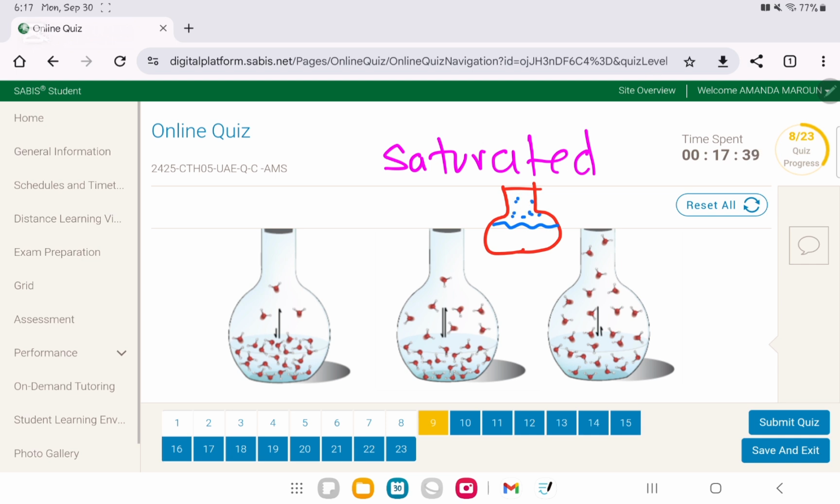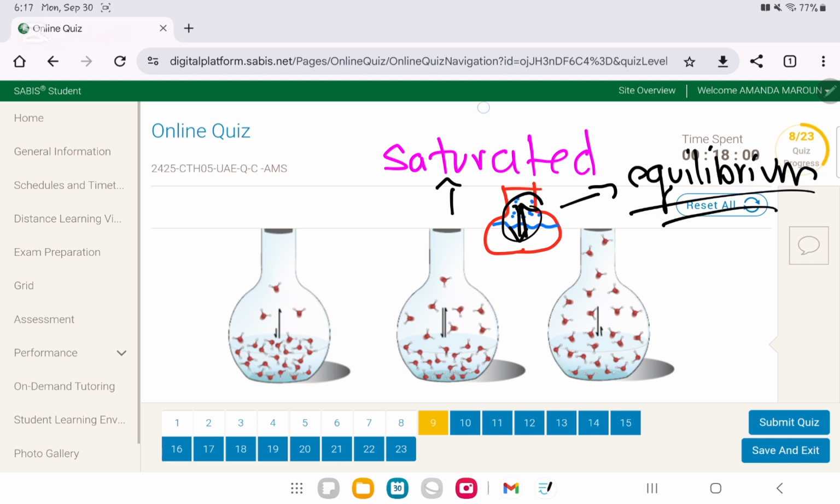At some point, at any point, we don't know which point, the liquid going to a gas will be equal to the gas going to the liquid. So then this is saturated. And if you notice, this sign is very familiar to what? To the equilibrium sign.